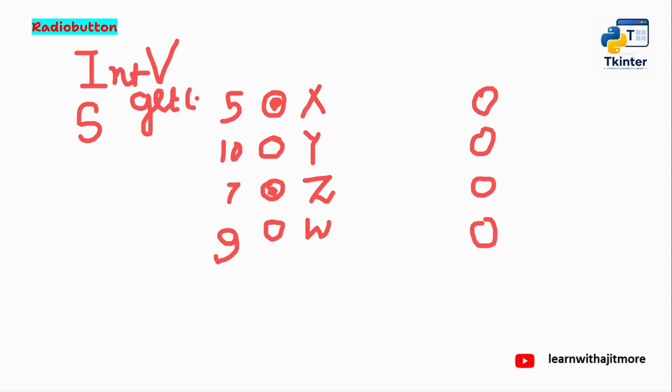There is a get method for the class IntVar. If the get method returns 7, you have clicked on Z. If it returns 5, you have clicked on X. If it returns 10, you have clicked on Y. So the whole communication is through that variable, and that IntVar object you have to pass when you are creating these radio buttons.